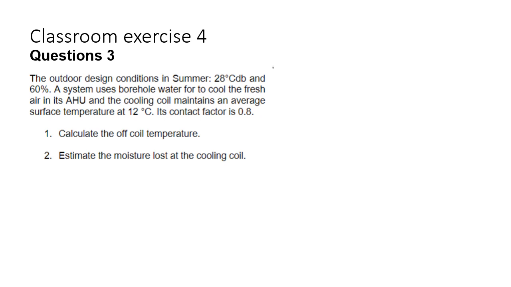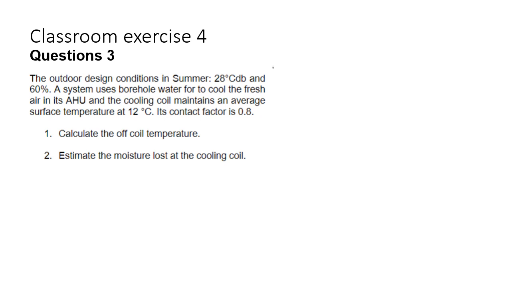The cooling coil maintains an average surface temperature of 12 degrees. This is what we call the apparatus dew point, 12 degrees. The contact factor is 0.8. The question is to calculate the off-coil temperature. That means if this outdoor air goes over this cooling coil, which is maintained at 12 degrees, what temperature will it be after contact with the cooling coil?